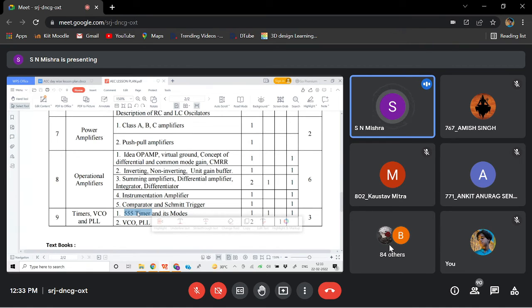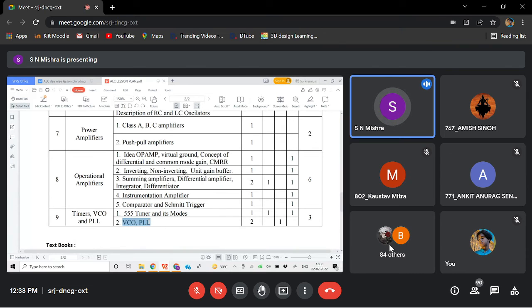All these things are combined to make a structure, and that can be used for generating different signals. That decides this 555 timer and its modes. Modes means astable or monostable multivibrator, which we will see.